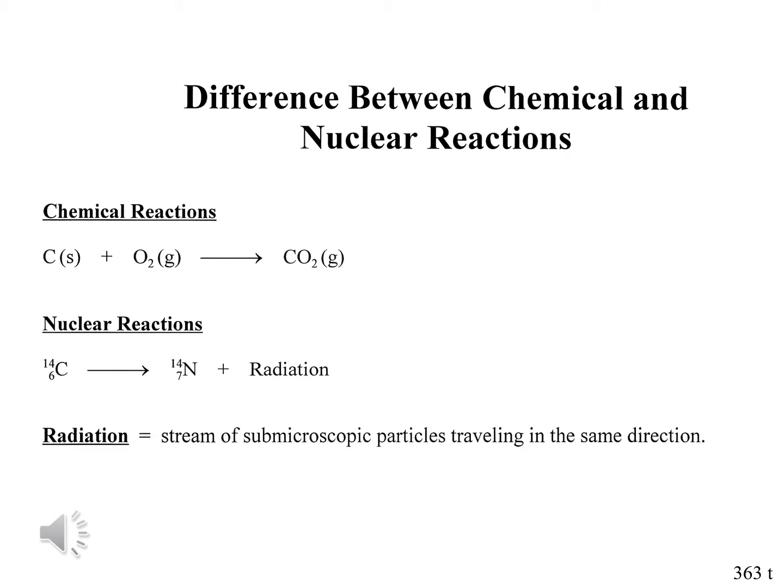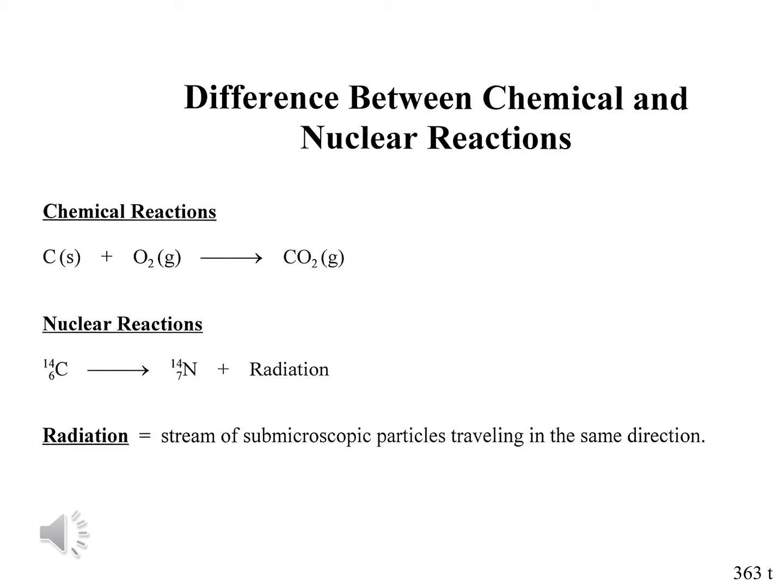The difference in a nuclear reaction is that there are certain isotopes of carbon that can change into other elements. Any sample of carbon that you get from anywhere on Earth contains 3 naturally occurring isotopes.